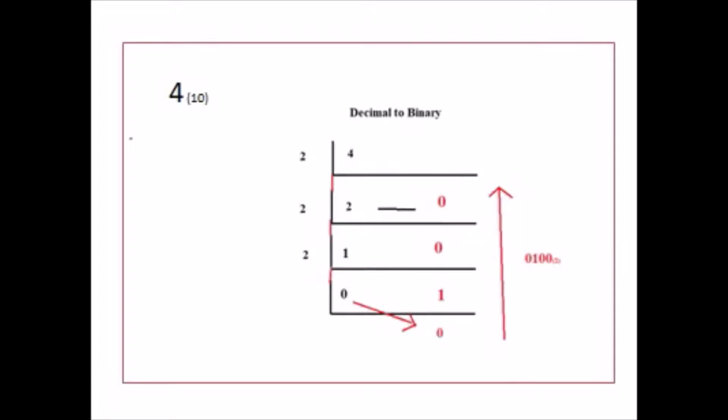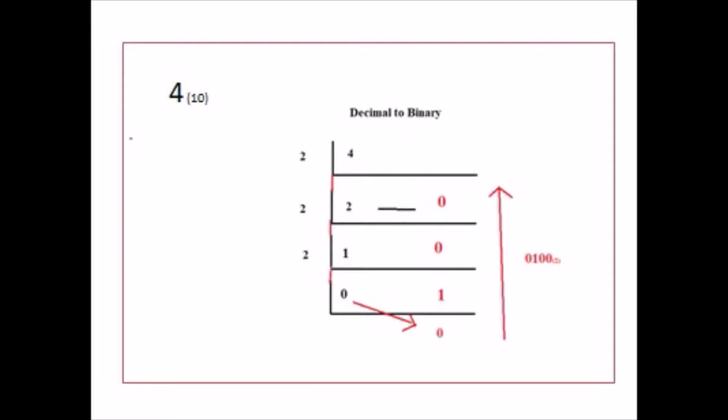Let us see how a decimal number is converted to a binary number. Here is an example of the conversion of decimal to binary with the numerical value 4. The decimal value is written as 4 base 10. Each decimal value is divided by 2 and the remainder is kept on the side.